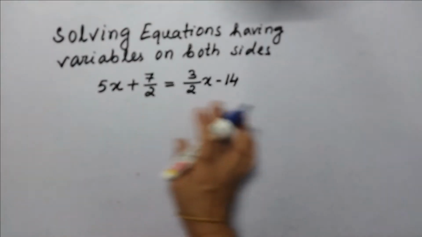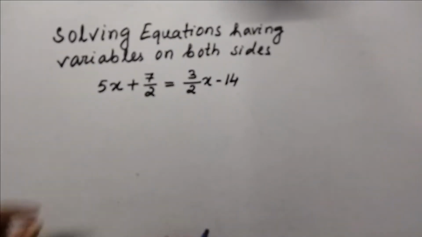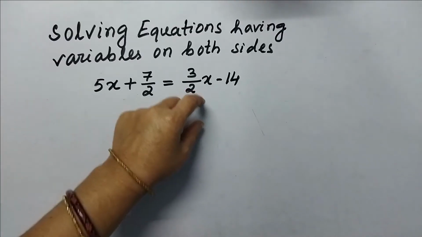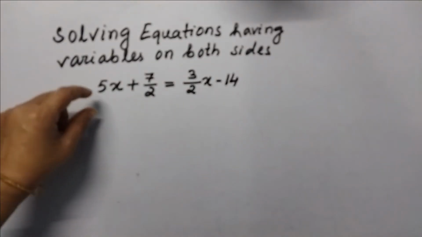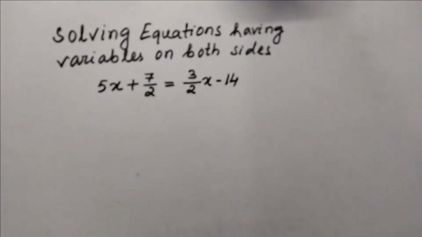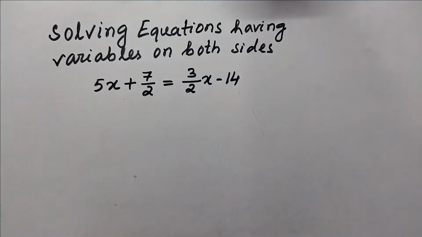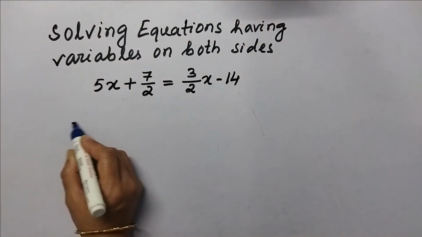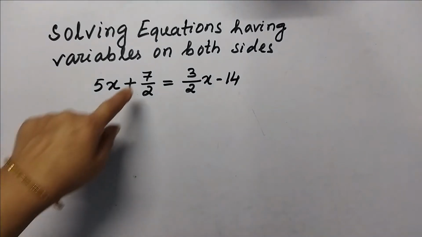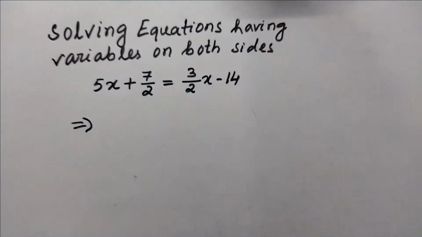Here is another type of equation. The variable terms are present on both sides and it is not in simple form. So how do we find the solution? Here we have 7 by 2 and 3 by 2.